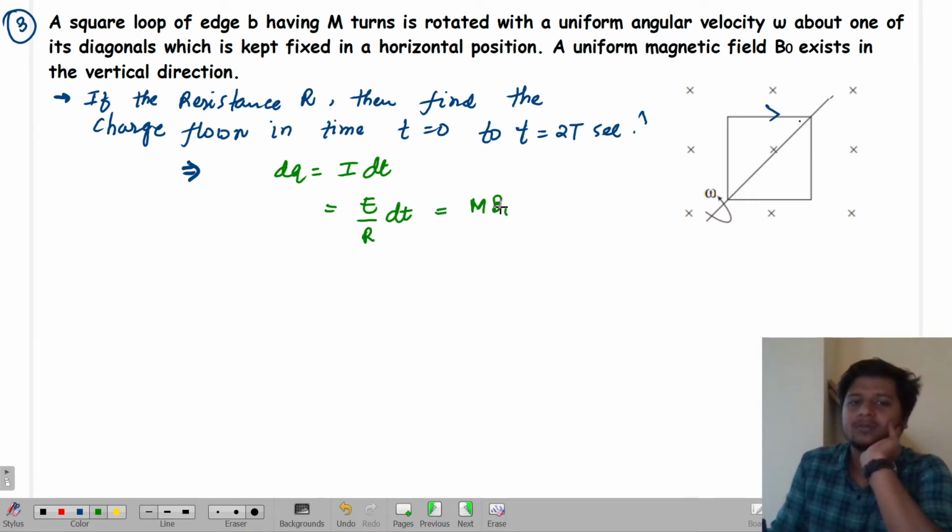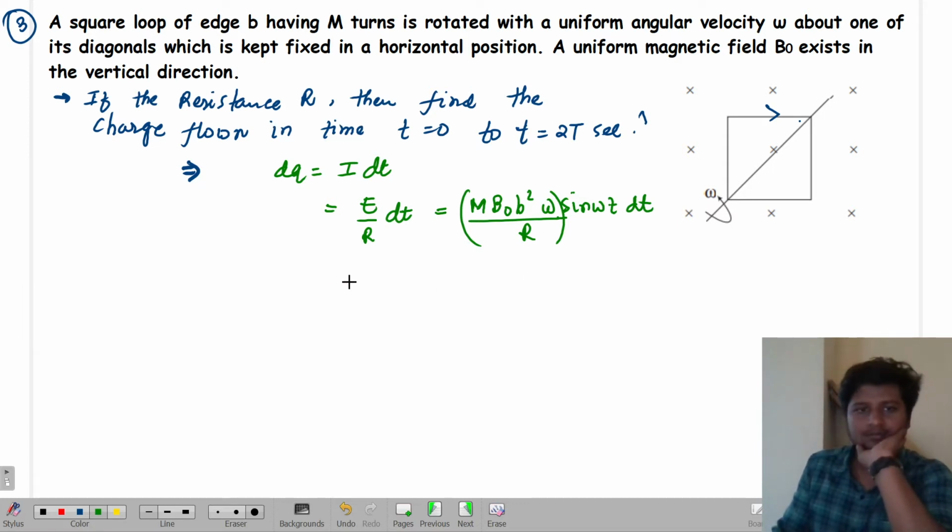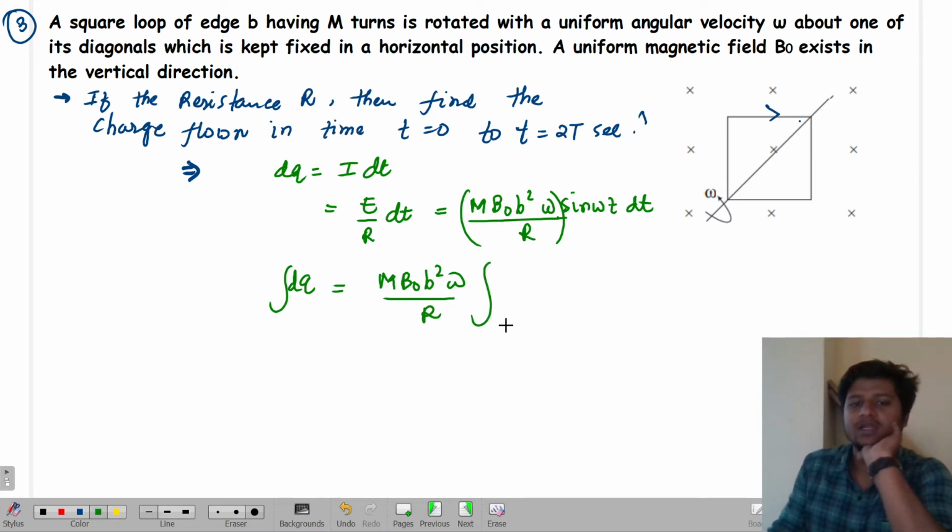M B naught B square into omega sine omega t into dt divided by R. Yes or no? These all are my constants. So how much will be the charge flown? Integral dq will be equal to m b naught b square omega divided by R into integral 0 to 2t of sine omega t dt. Got it or not?